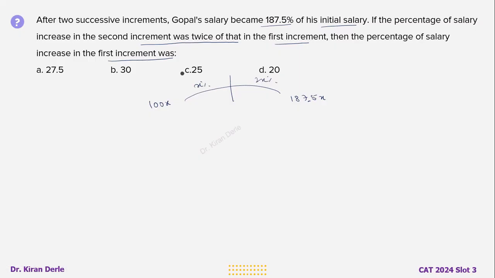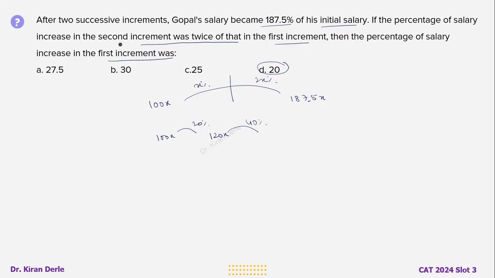Now options are there. We can simply go with the options and get the answer easily, rather than going with quadratic equations. See, let's try option 20%. So if it is 20% in the first year, your first year income will be 120x. Now you are getting double.